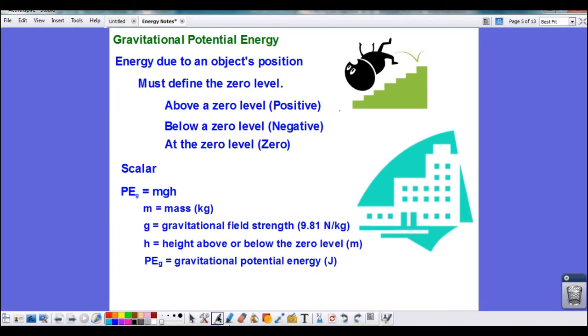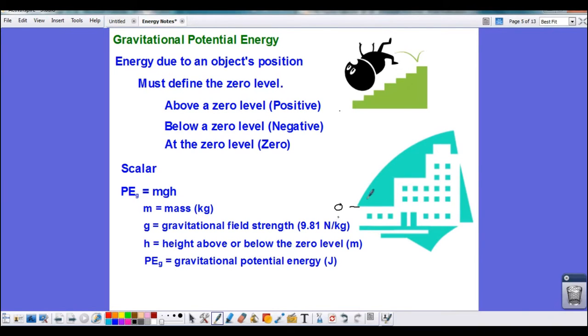Now, this energy is a scalar, just like the other energies. It does not have a direction that goes with it. However, it can be positive and it can be negative. Where we place that zero level is going to determine whether the value is positive or negative.